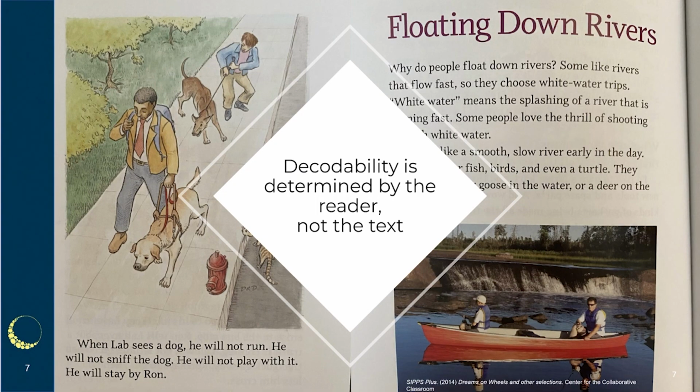All right. So this slide, I hope after about 2 minutes on this slide, you walk away with a really important distinction. I remember learning this and it hit me like a ton of bricks. Whether a book is decodable or not actually is dependent on the reader, not on the book itself.